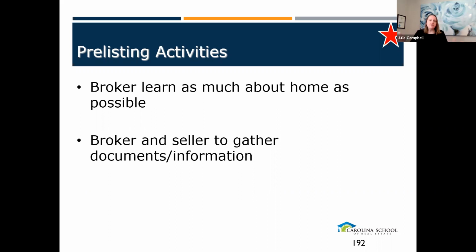So having this conversation, and look, this can get difficult. I mean, for goodness sakes, I just met you and I'm already saying, what are your outstanding balances? How much do you owe on this property? But let me ask you guys something. Would you rather have the hard conversation, the awkward conversation up front, or wait until the day before closing and call your seller and they say, I can't afford to bring that kind of money? What do you guys want to do?